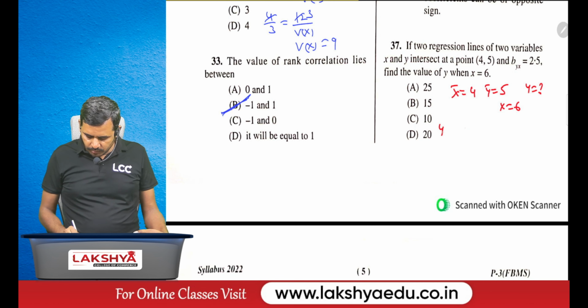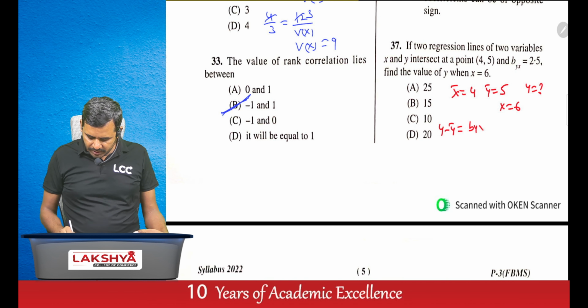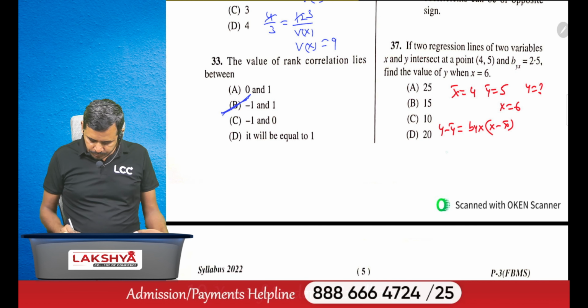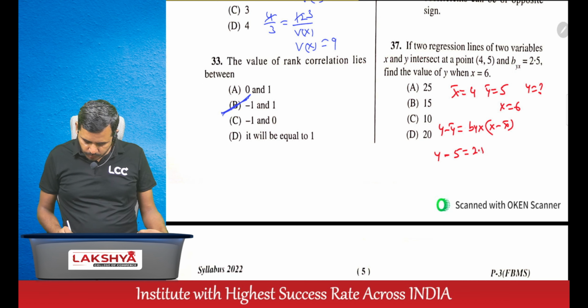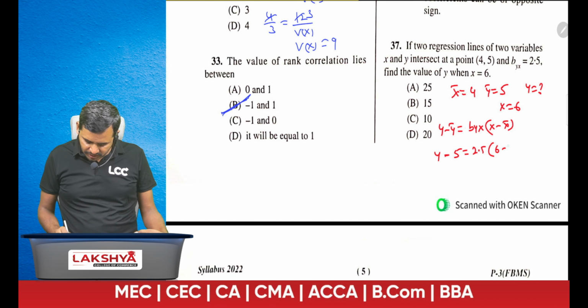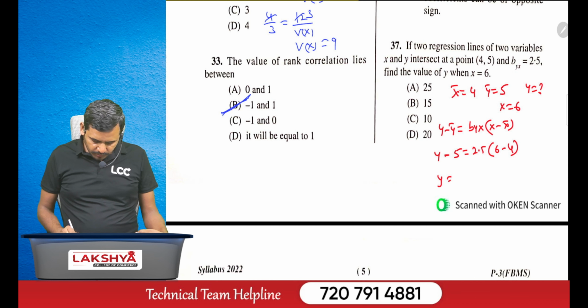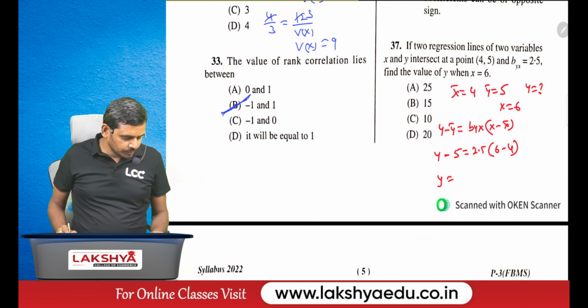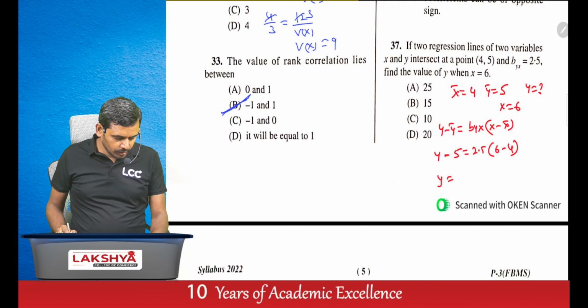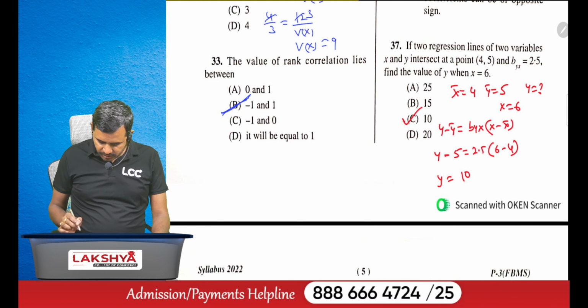The y on x formula: y minus y bar is equal to byx into x minus x bar. That is y minus 5, y bar value, is equal to byx 2.5 into x value 6 minus x bar value 4. While simplifying this, the value is 10. Right answer is C.